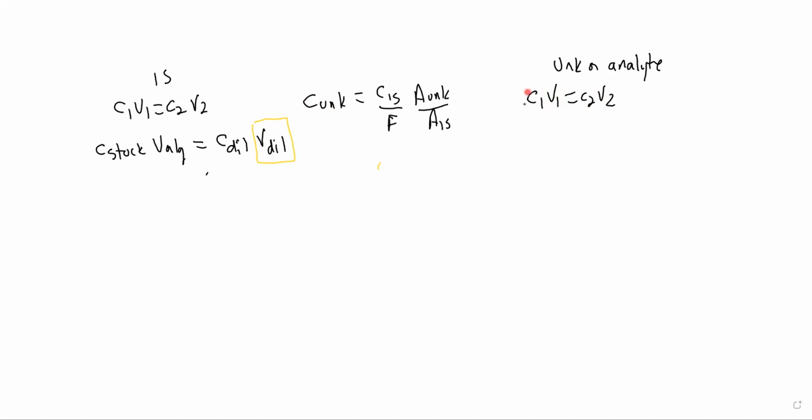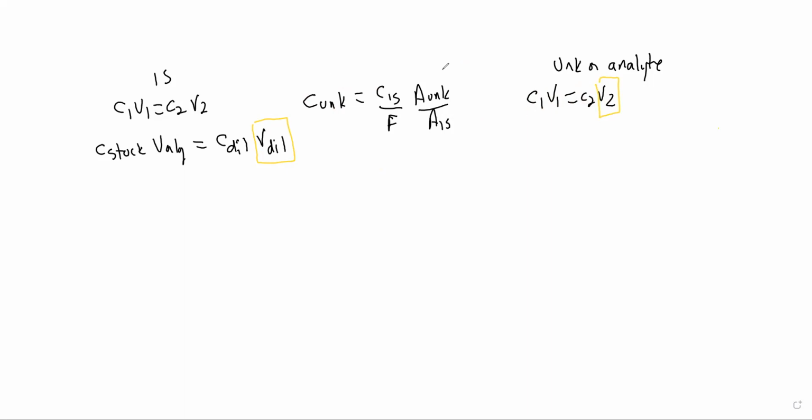We're trying to find C1. But again, we need V2. If we don't know V2, we can't do the calculation. The key thing here is that the two V2s are the same. So if we can figure out what V2 is, then we can figure out what we're using in our calculations, and everything from there should be straightforward.